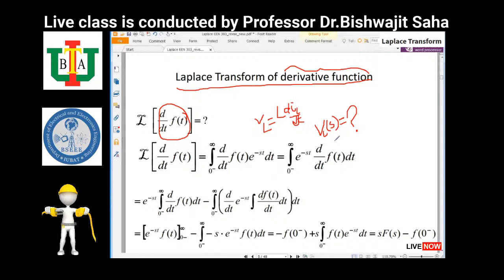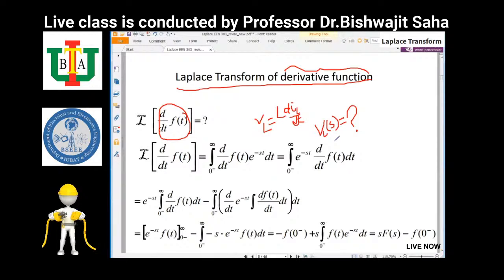Capital L, capital IL. Yes, right. Minus? Sir, minus that part will be 0, because minus capital L, small IL into 0. Yes, right. Thank you.